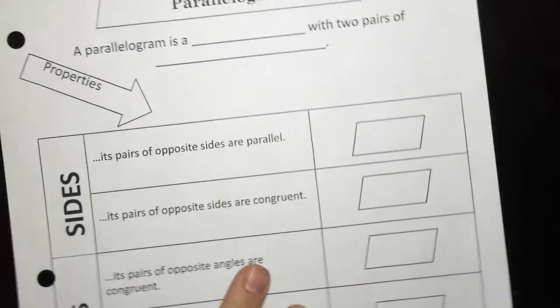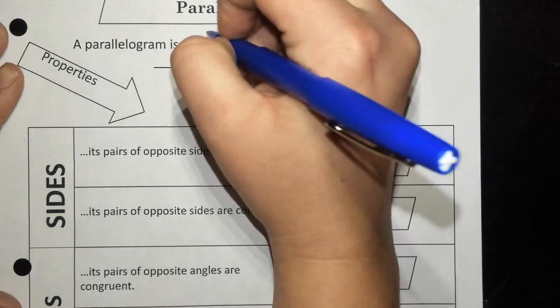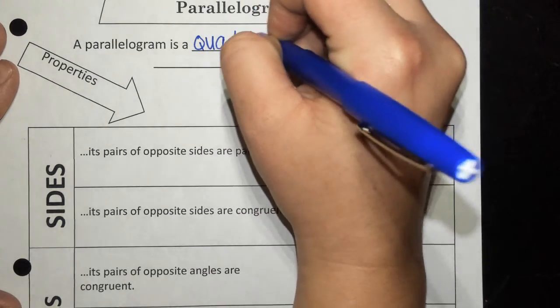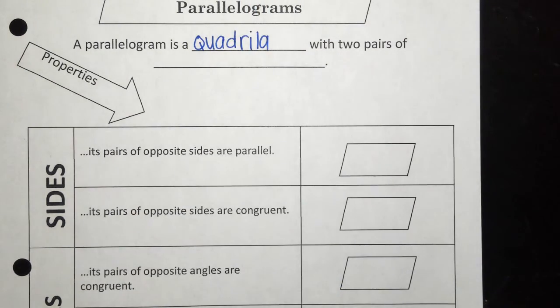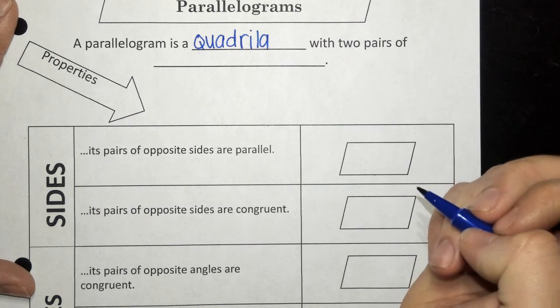Okay, so first of all, what is a parallelogram? What's the first word or part of parallelogram? Parallel. So it is a quadrilateral. What was that one that was spelled wrong that time? Quadrilangular.